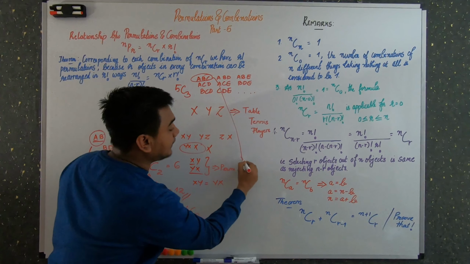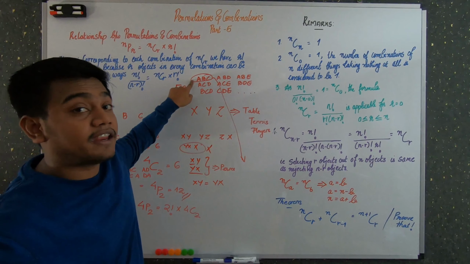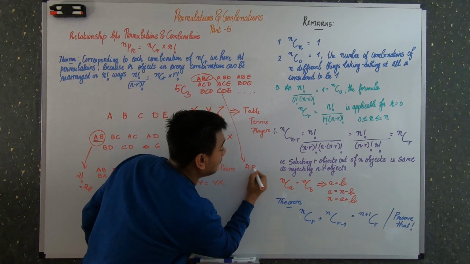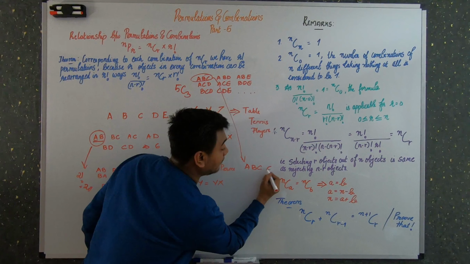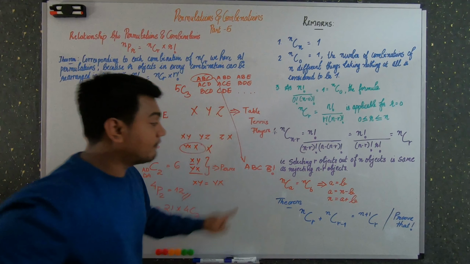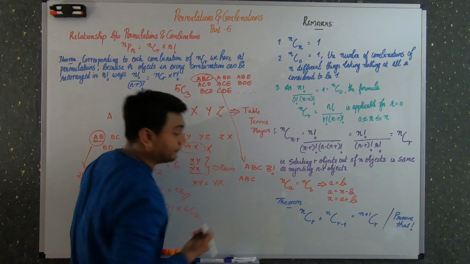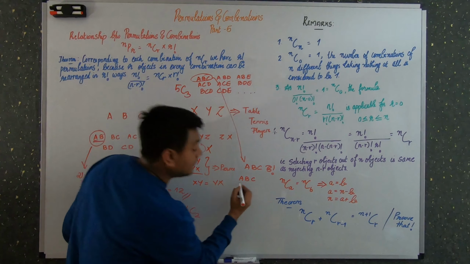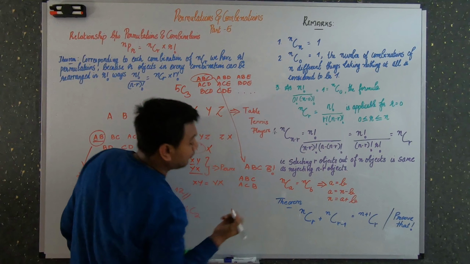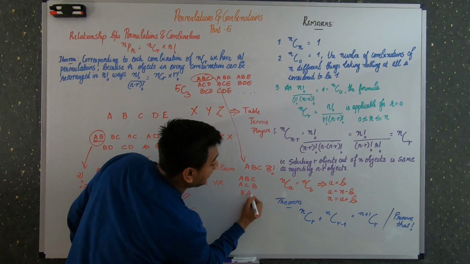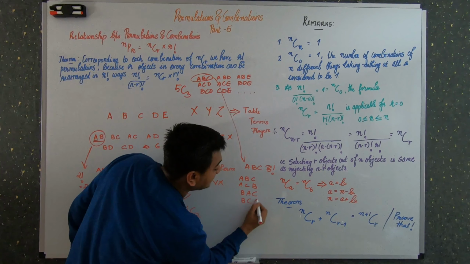And you can check what would be the case of permutation for each combination. You can rearrange ABC in 3 factorial ways. If the first position is taken by A, the second by B, then C. What is the next permutation possible? ACB. The next, BAC. The next, BCA.